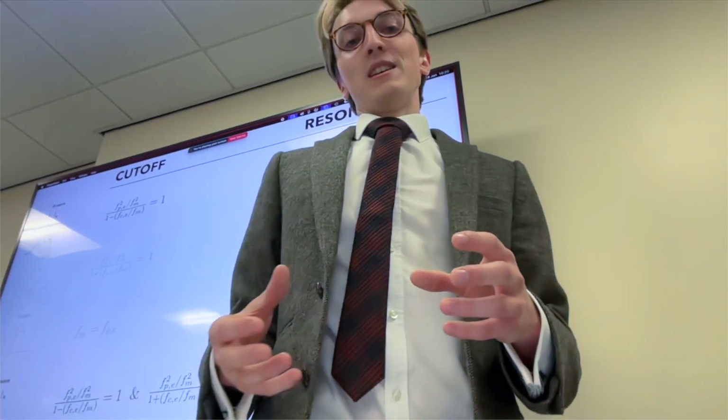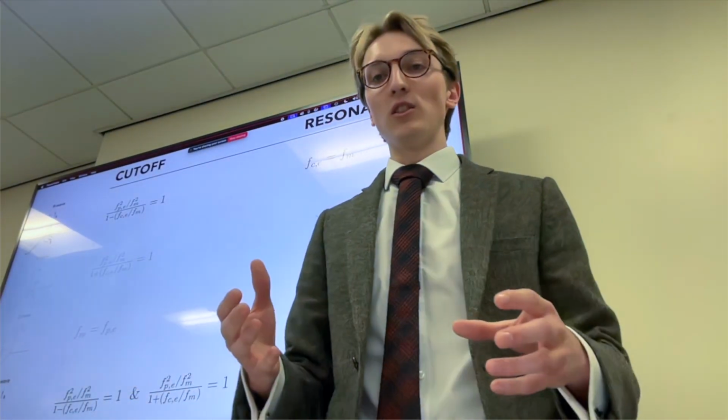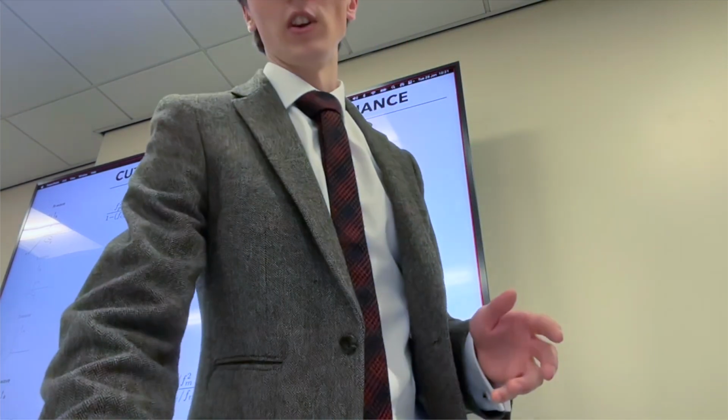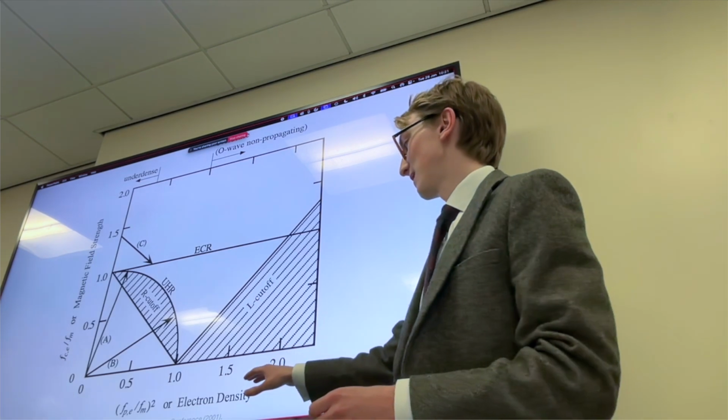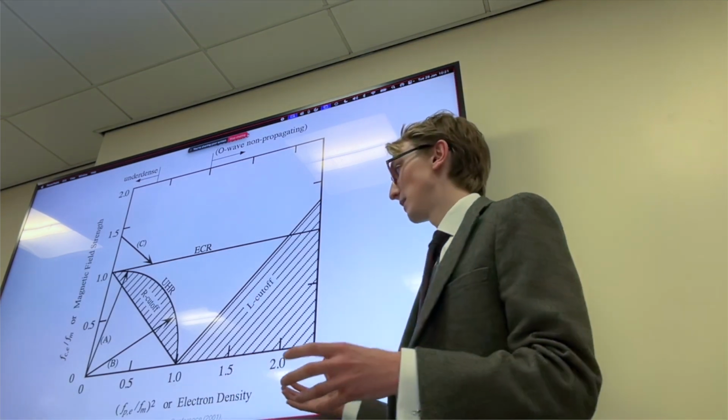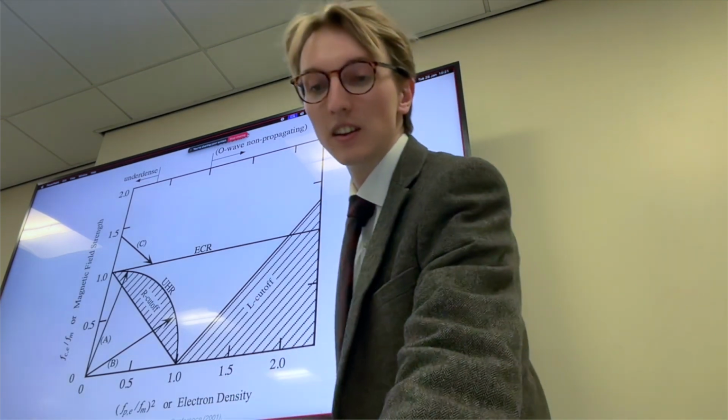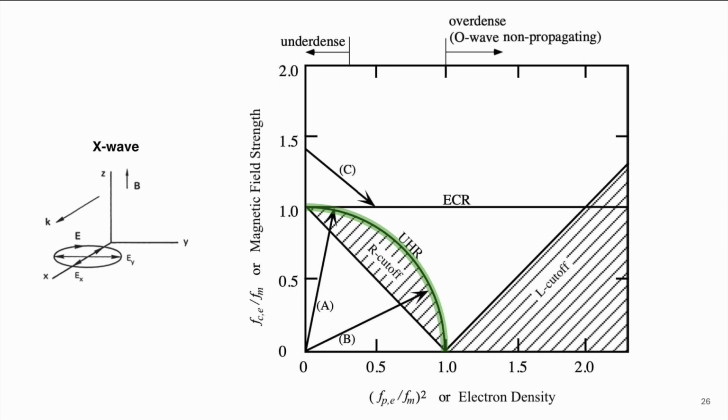In order to make this a bit more simple to understand, we can plot these equations on a diagram, such as you see here. And on the x-axis here, we have electron density or plasma density. And if we look at the X wave, we can see that it's resonantly absorbed on this green line labeled UHR, upper hybrid resonance.